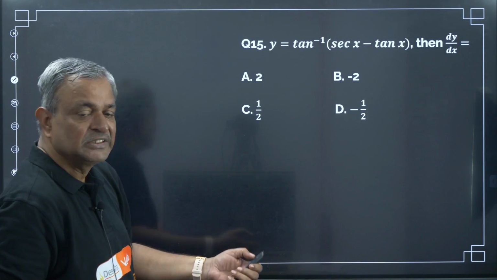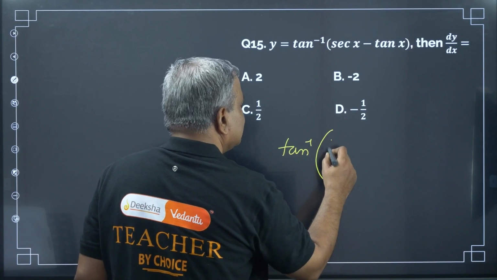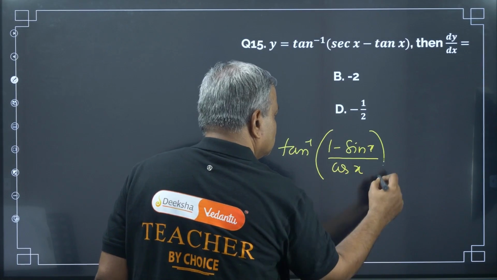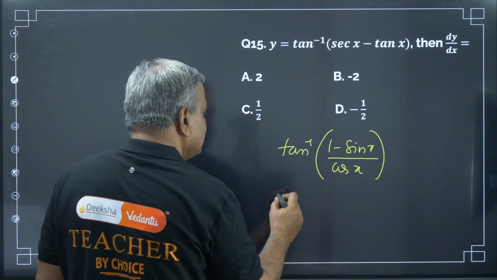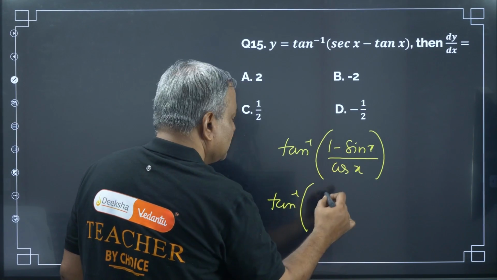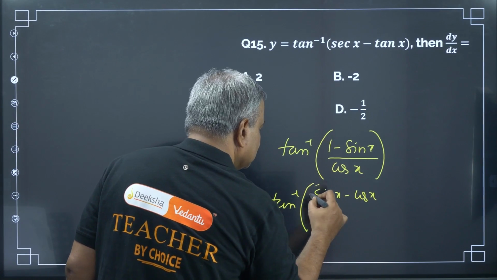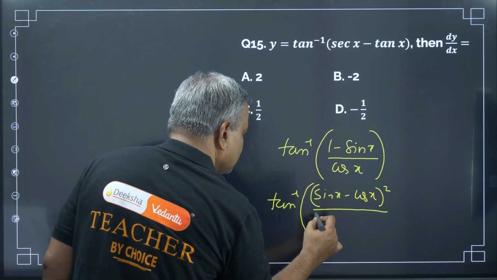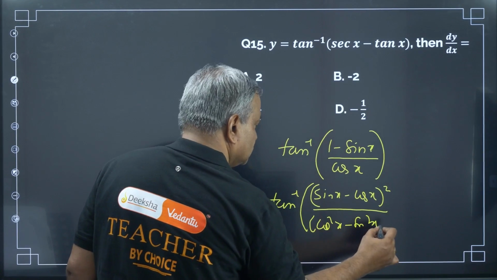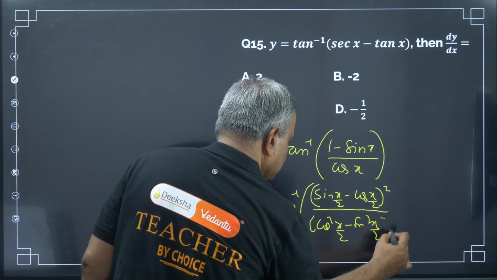Same way, secant minus tan. So tan inverse of this is nothing but 1 minus sin x by cos x. So write a half angle. Tan inverse. This can be written as sin x minus cos x whole square by cos square x minus sin square x. With x by 2, cos square x by 2, sin square x by 2.